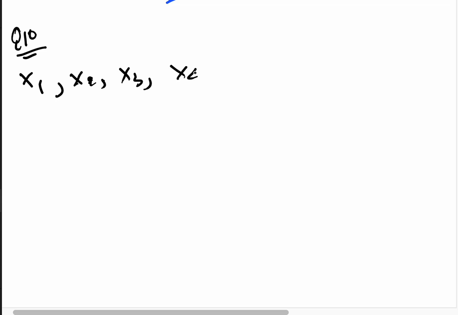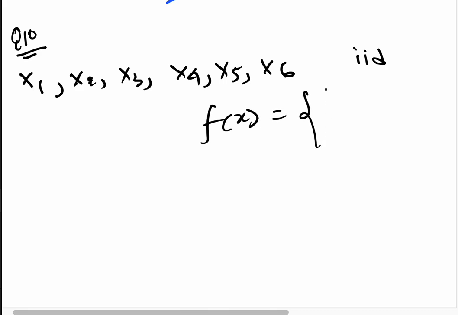Question number 10 is the following. Let x1, x2, x3, up to x6 be IID uniformly distributed random variables, with density 1 if between 0 to 1 and elsewhere 0.